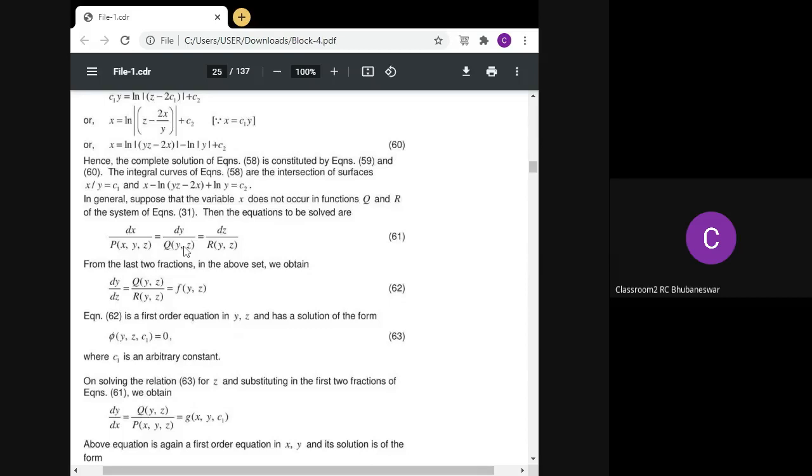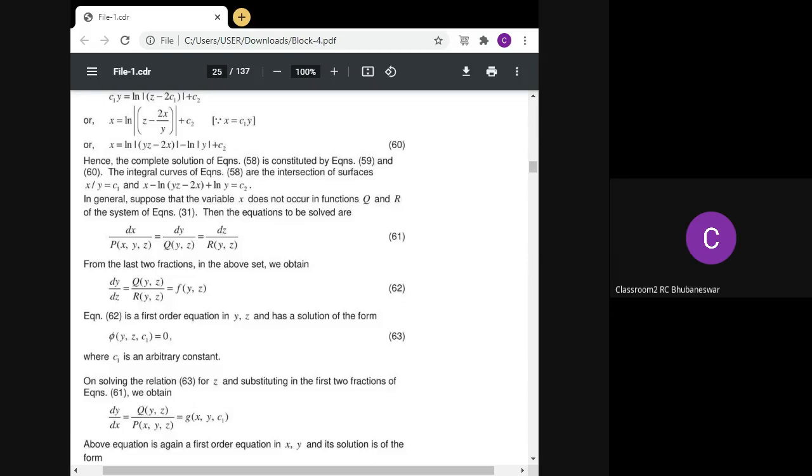As you can see clearly, the last two expressions do not have the variable x. So we consider the last two fractions and represent them in the form dy by dz equals a function of y and z. This first order differential equation can be easily solved by the process I discussed earlier.